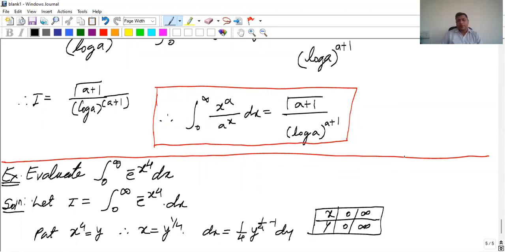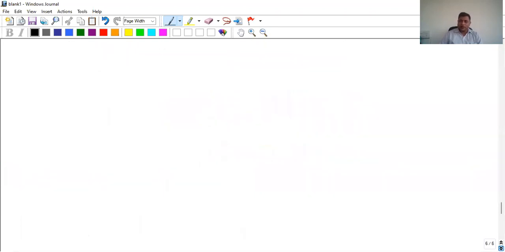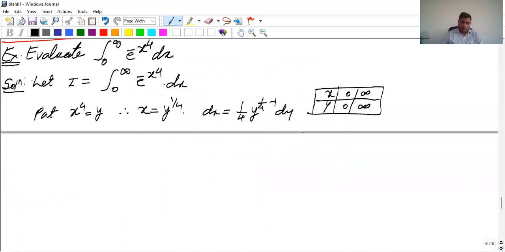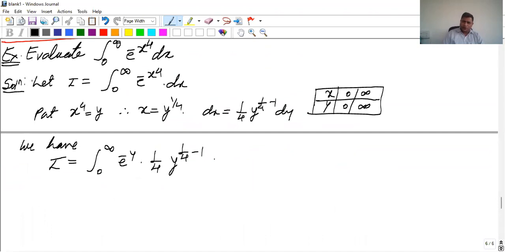Always write the limits, because in some examples the limits change. So we must write the limits. Then, with this dx, what I get is I equal to the integral from 0 to infinity of e raised to minus y times 1 by 4 y raised to 1 by 4 minus 1 dy. Is that okay?